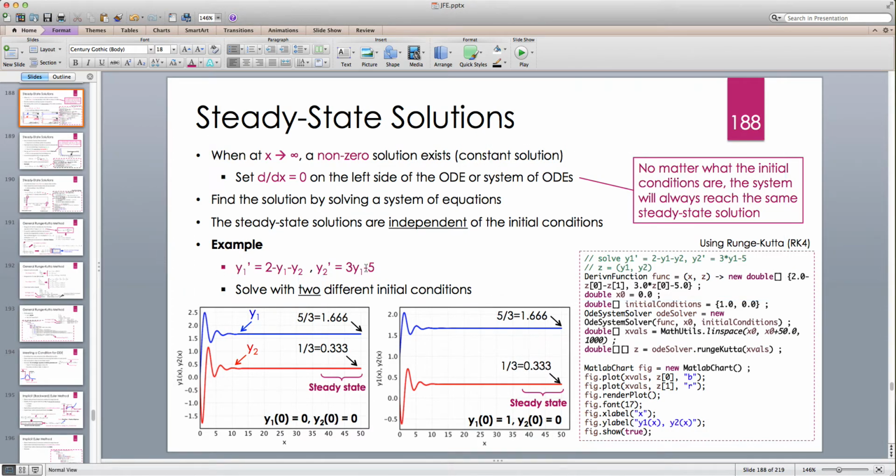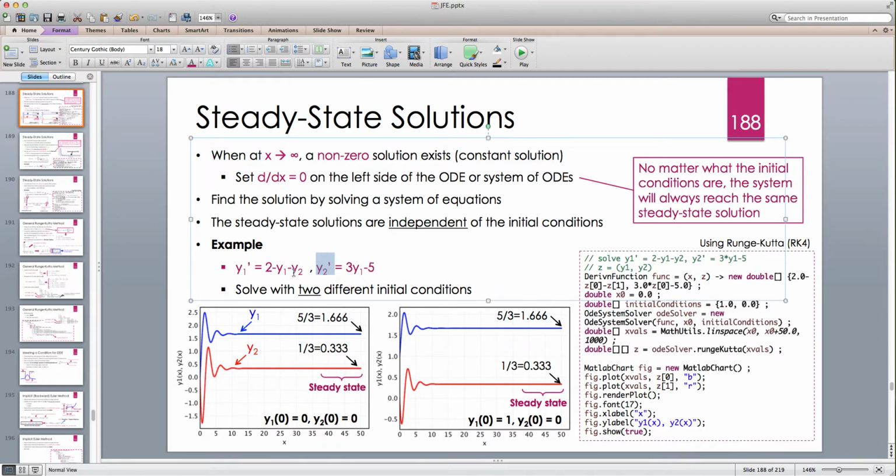First of all, let's look at the steady state solution. If the system has such a solution, then we can set y1 prime to 0, y2 prime to 0, and try to solve the system of equations. This is a linear system, very easy to solve. If y2 prime is 0, y1 is 5 over 3, which is 1.666.